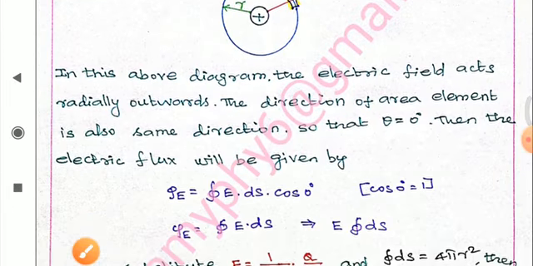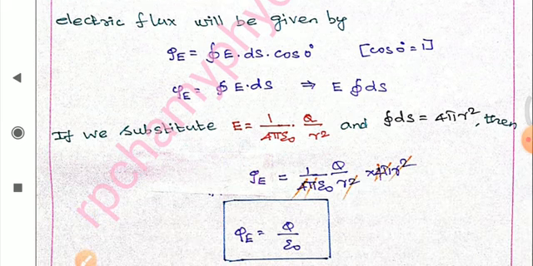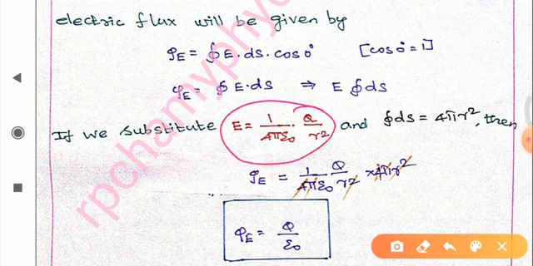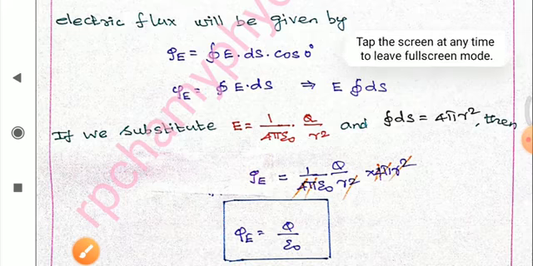So I have written: if we substitute 1 by 4 pi epsilon naught into q by r square for E, and 4 pi r square for the integral of dS, then we get phi E, the flux.